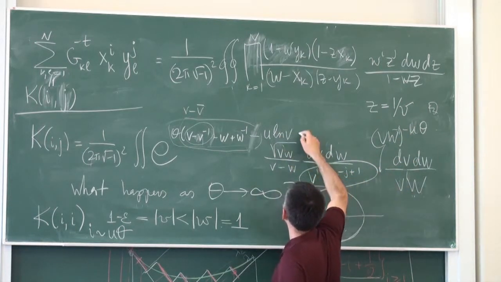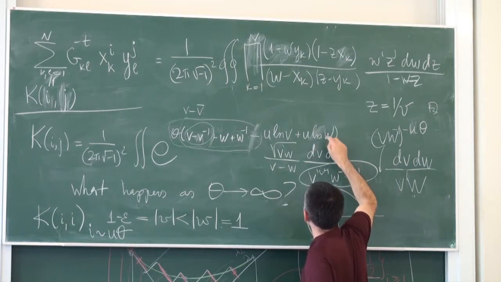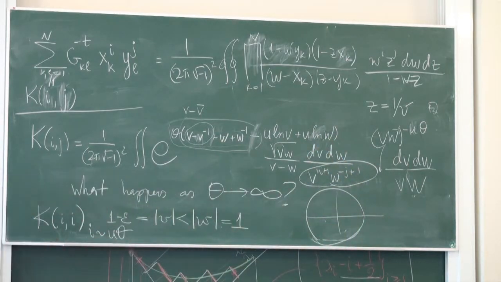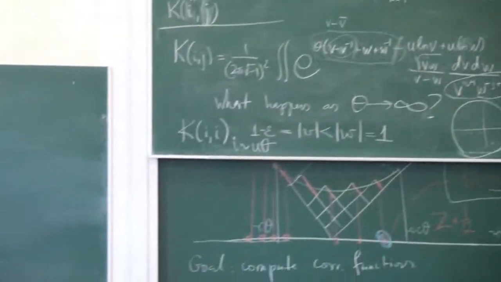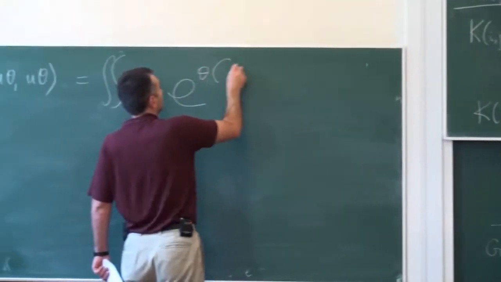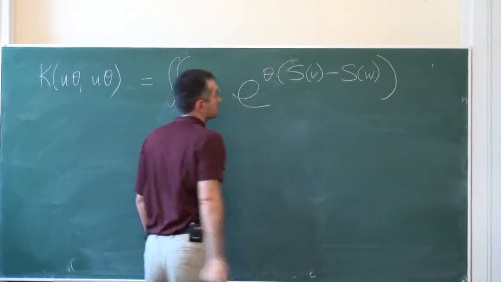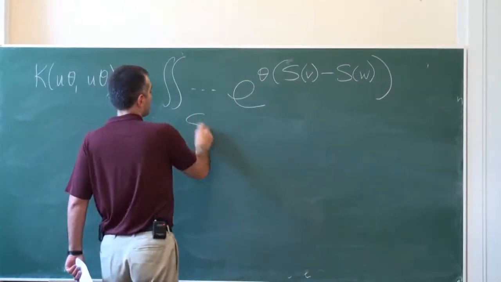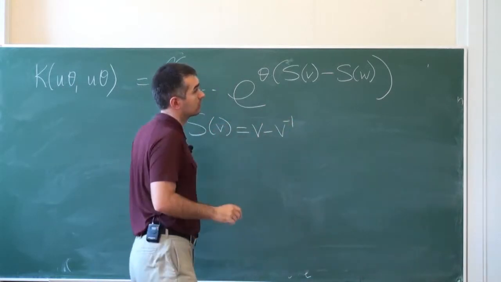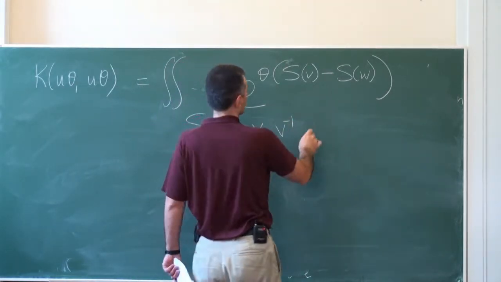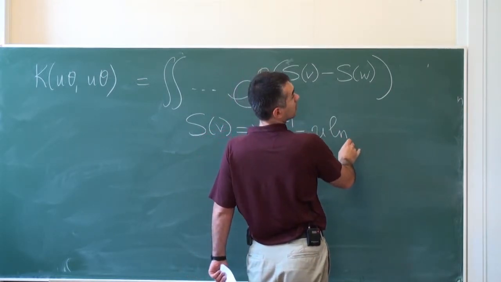Log v plus u log w. Okay, so this is equal to the double integral, blah, blah, blah. And then the important thing is here I have theta times some function in v minus some function in w. And this function in v is v minus v inverse minus u log v.